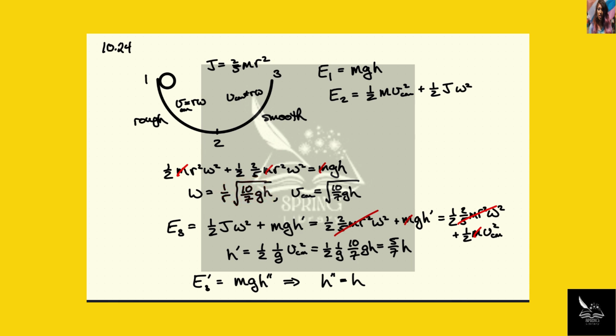So does that make some sense? Yeah, because the higher you start, the faster it's going to be rolling down here, which makes sense. And then v is just r times this, so that ends up being the square root of 10/7 gh. If it were just a particle, if it didn't have any rotational kinetic energy, then this would be 2.